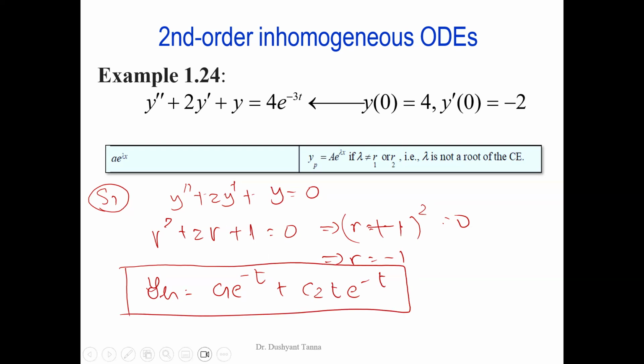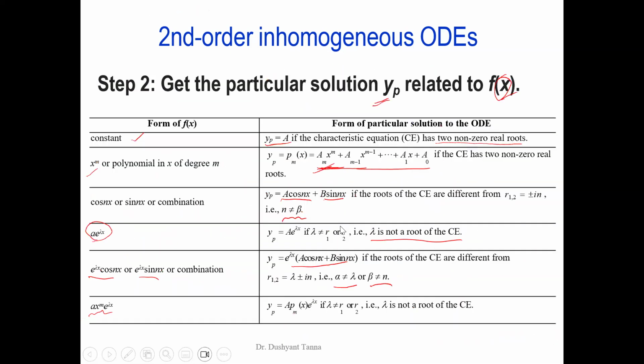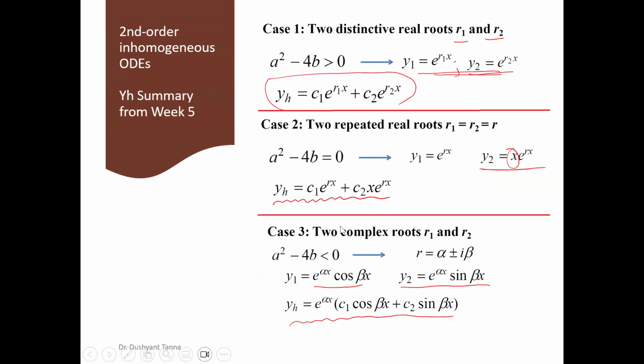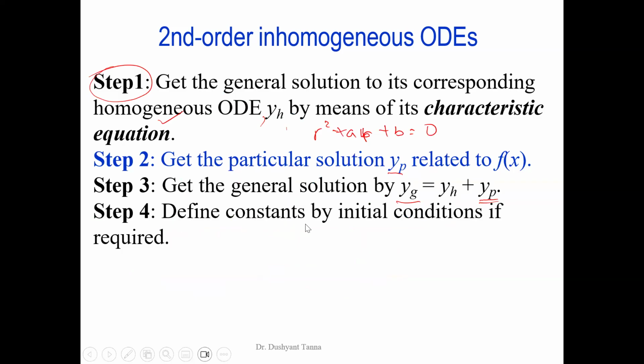Okay, right. What do we do next? You can obtain that condition from here if you wish, or you can just do it in step 4. If you follow the steps, it says here to define the constants by initial condition if required.